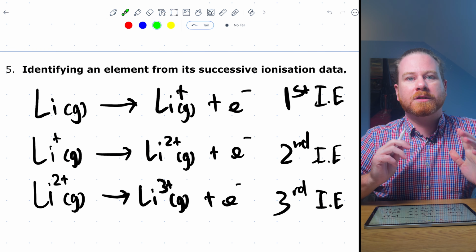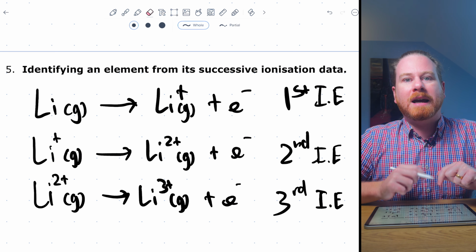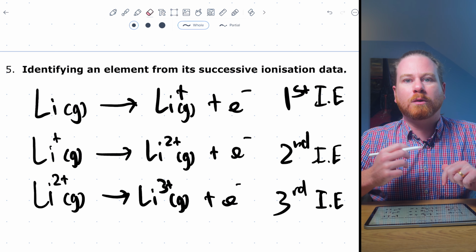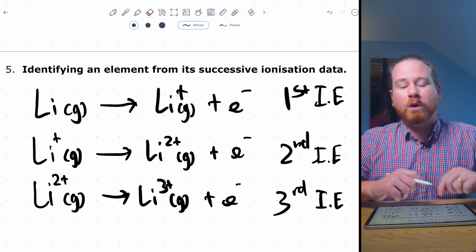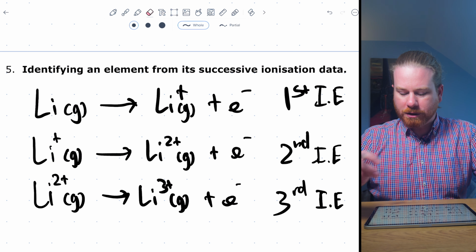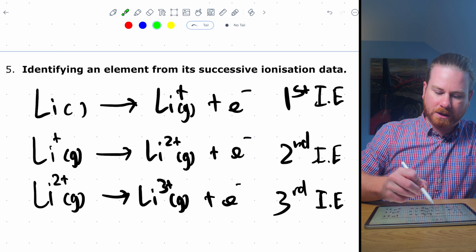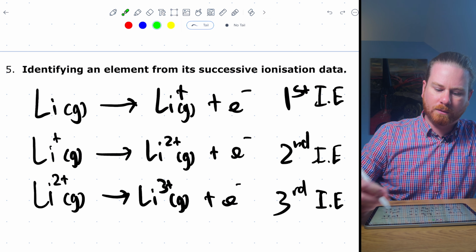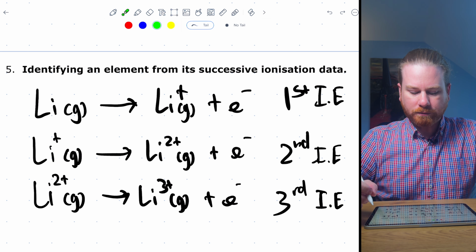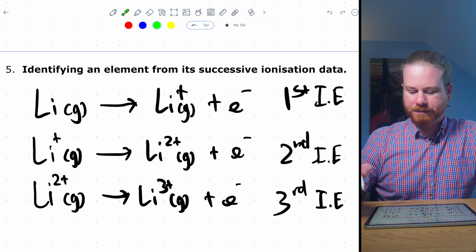Okay, so the final thing we can do with ionization data is to see how the number changes as we successively remove all the electrons from one gaseous atom. So let's see how these equations look. With lithium, this is the equation for the first ionization energy: gaseous atom gives gaseous ion plus the electron.